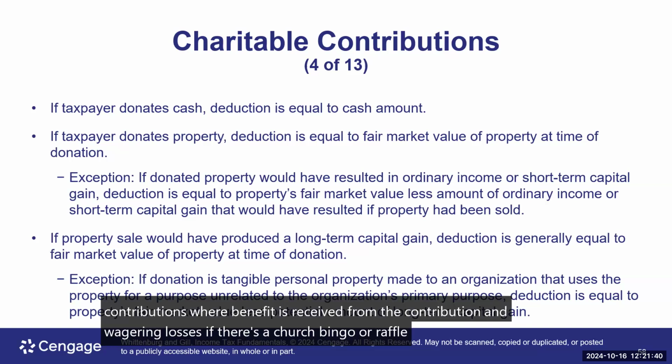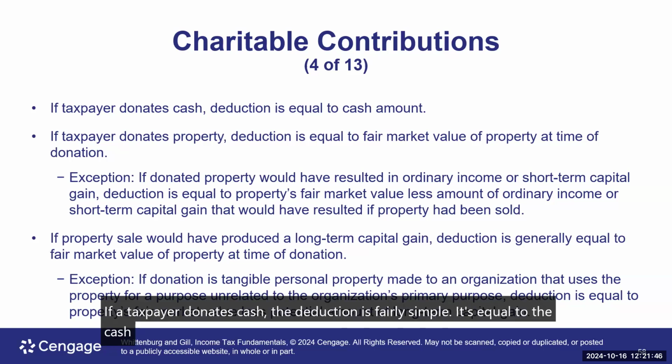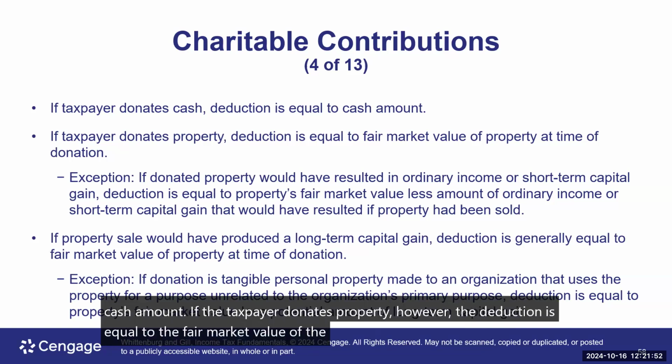If a taxpayer donates cash, the deduction is fairly simple. It's equal to the cash amount. If the taxpayer donates property, however, the deduction is equal to the fair market value of the property at the time of the donation. There is an exception.